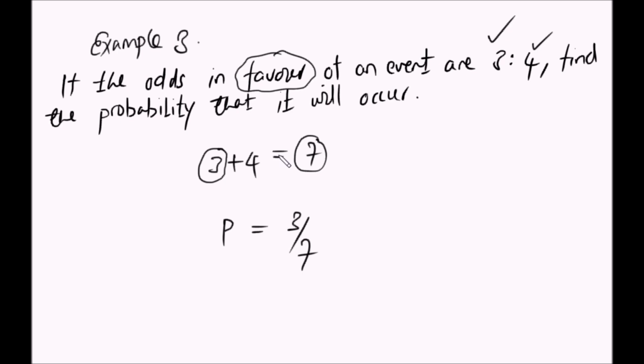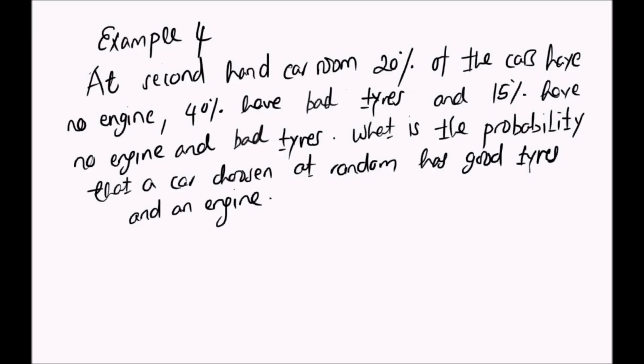Let's now see example 4. Yeah, so this is example 4. Anasema at second-hand car room, 20% of the cars have no engine, 40% have bad tires, and 15% have no engine and bad tires. So the probability that a car at second-hand room, tuite PA, has no engine ni 20%, ambao ki convert into decimal ni 0.2.